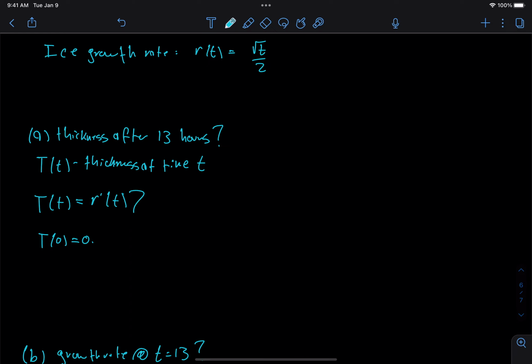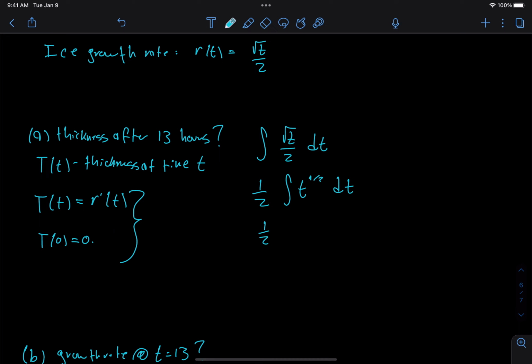But let's work through this under these assumptions and see if we can figure out what the function T of t is. So we can do the integral of square root of t over 2 dt, and that will give us 1/2 times the integral of t to the 1/2 dt, which we can do using the power rule.